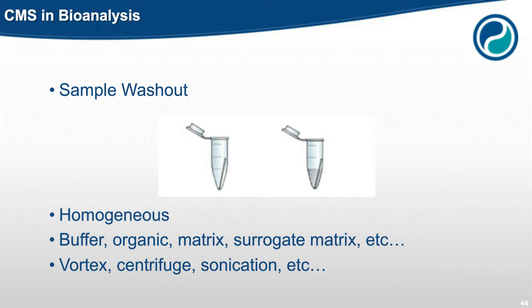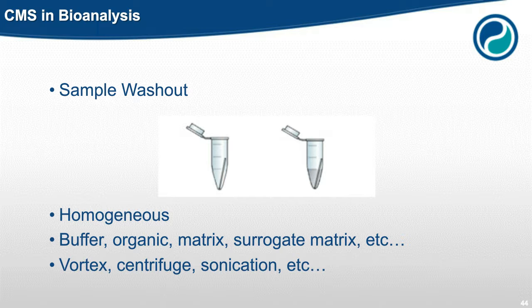First of all, when we wash out the compounds from capillaries, we need to make sure the compound washed out is homogeneous. So selection of the washout buffer or washout matrix is critical.